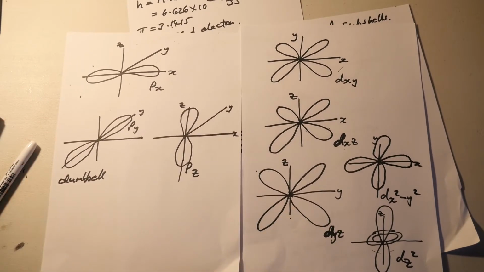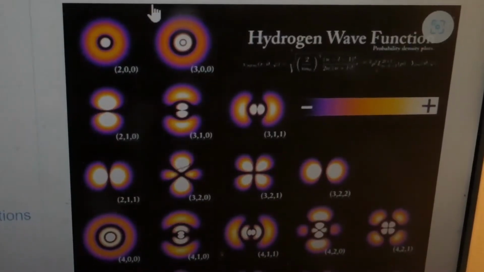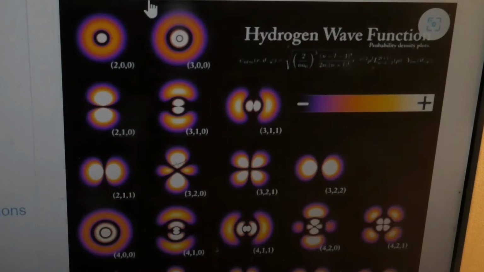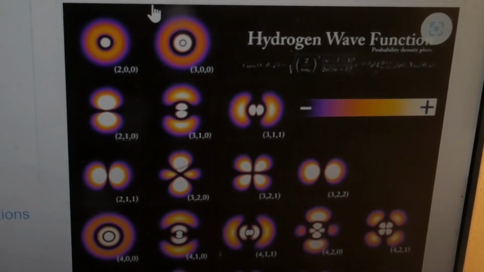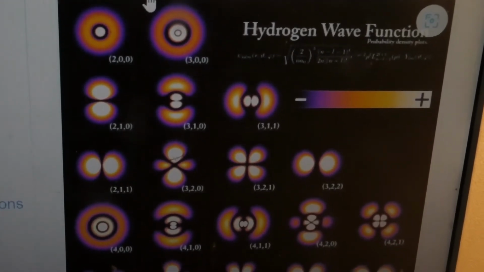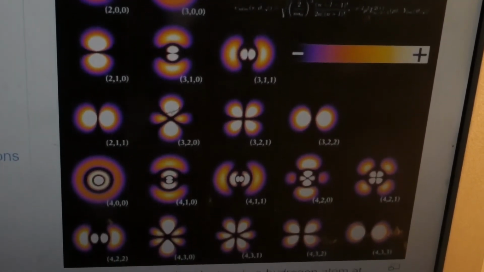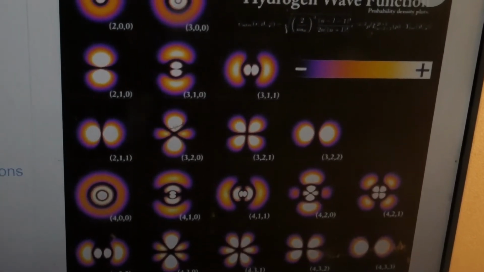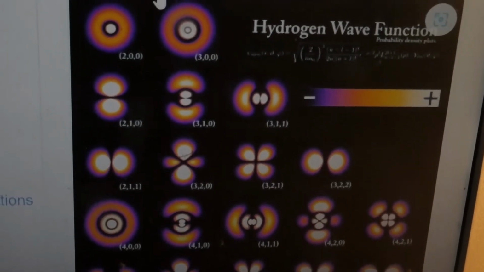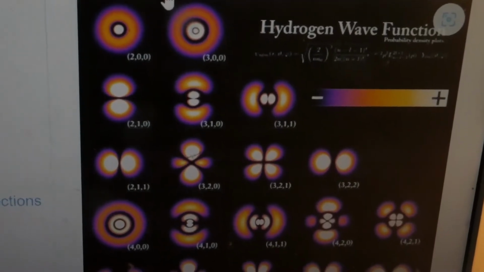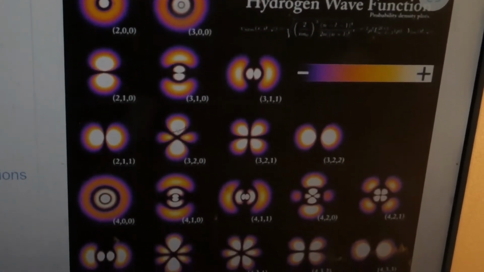That's clear, I think. So these are, I believe, computer simulations of spdf orbitals. They're using equations like the Schrodinger equation and other equations to model what they look like on the computer.